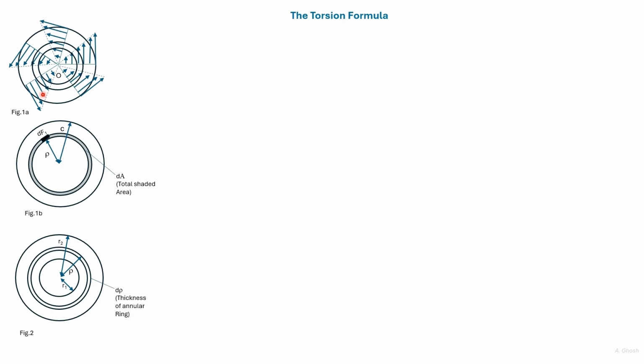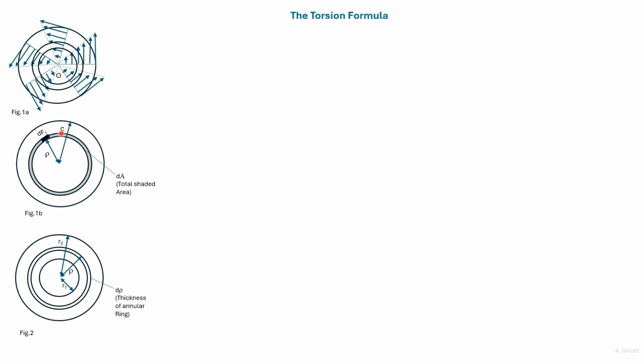Hence, the stresses on this annular ring would have a constant magnitude as well. Here, the same section with stresses acting is shown. We consider an annular ring with infinitesimally small thickness and its area given as dA.